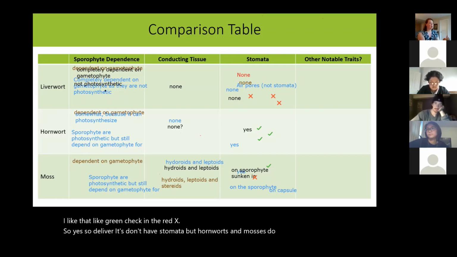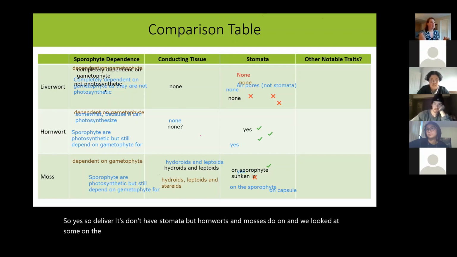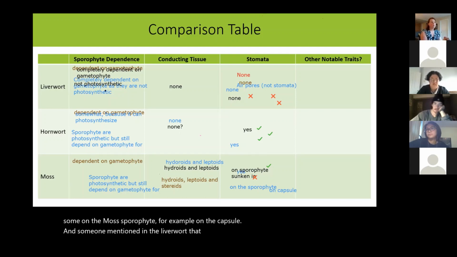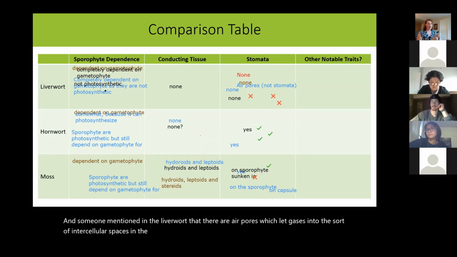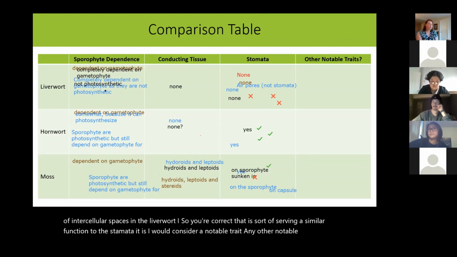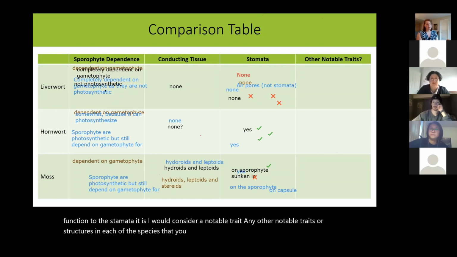And we looked at some on the moss sporophyte, for example, on the capsule. And someone mentioned that in the liverwort there are air pores, which let gases into the intercellular spaces in the liverwort. So you're correct that it's serving a similar function to the stomata. I would consider it a notable trait. Any other notable traits or structures in each of the species that you guys came up with?